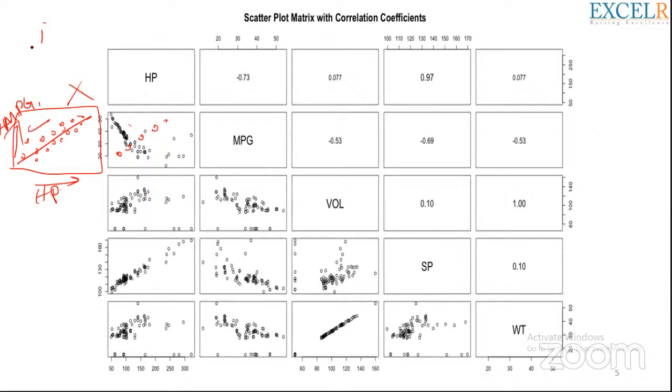One is the data is wrong. Second is your domain knowledge is not correct. That means you have to confirm whether this can happen in any case. Probably there are special cars where HP increases and the mileage also increases. That means whatever domain knowledge you have has to be corrected.